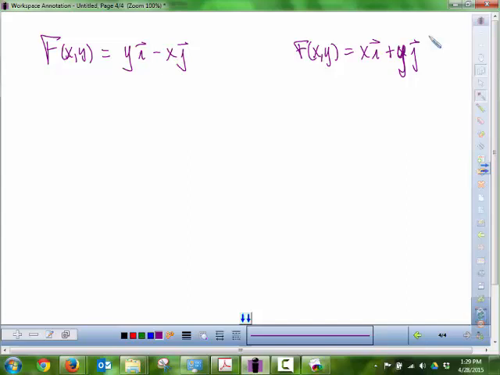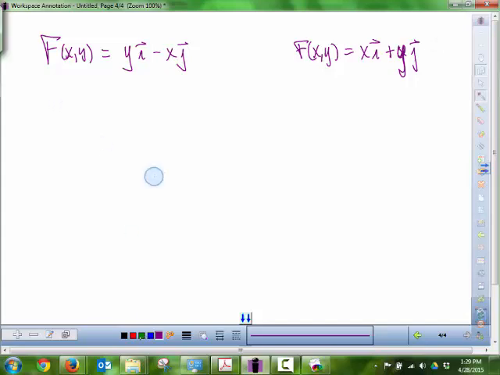So if we have a vector field that looks like this, we're not quite sure that this is a gradient field. So that was the thing that Brian was trying to say. If one thing, then the other, but it doesn't go backwards. So we want to know if this is, in fact, a gradient field.